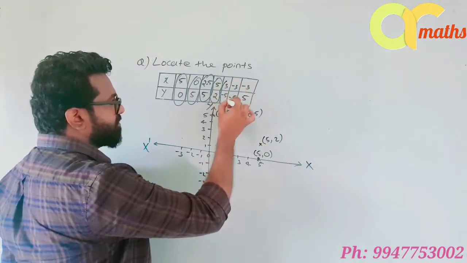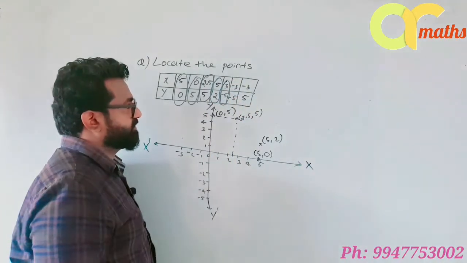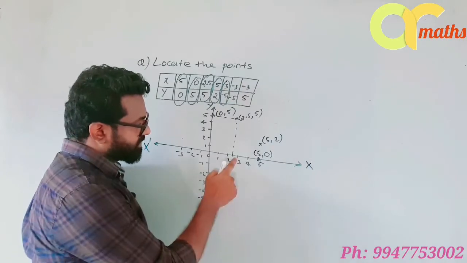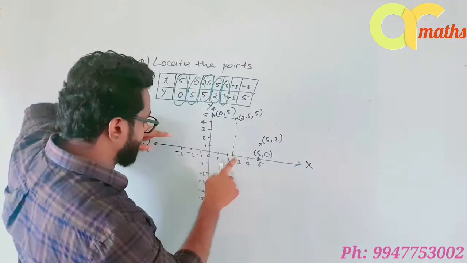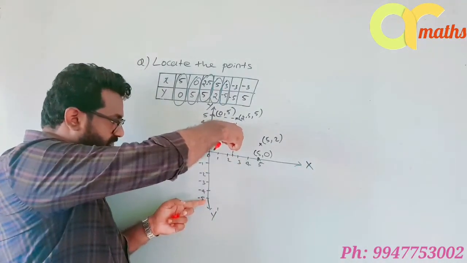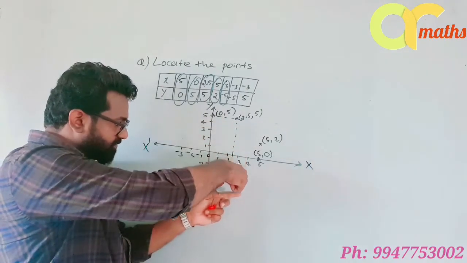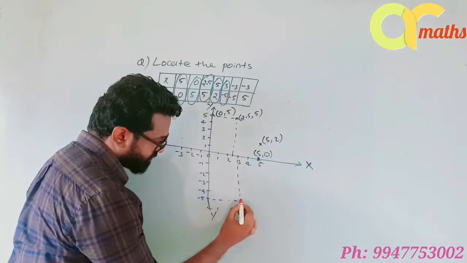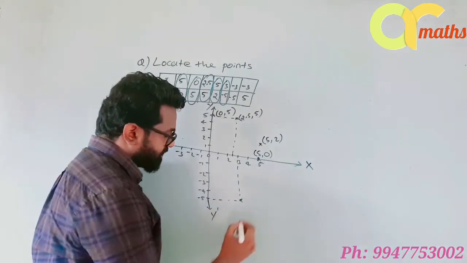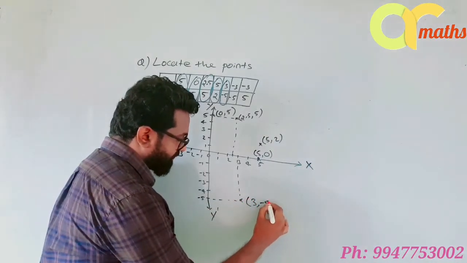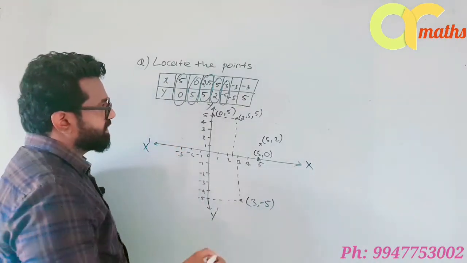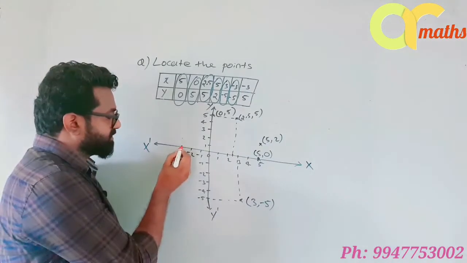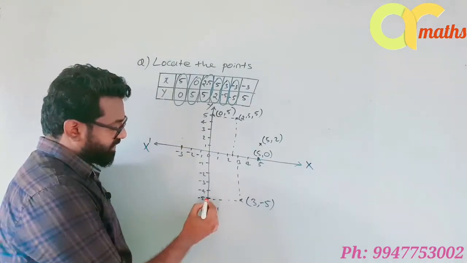Next, 3 comma minus 5. X is 3, y is minus 5. On x axis 3, on y axis minus 5 here. This point is 3 comma minus 5. Next, minus 3 comma minus 5. This is minus 3 and minus 5 here.